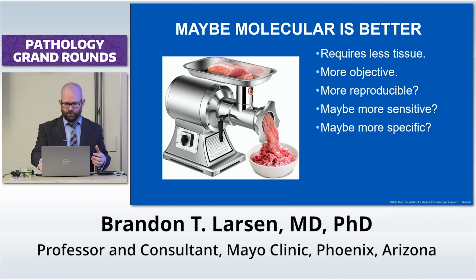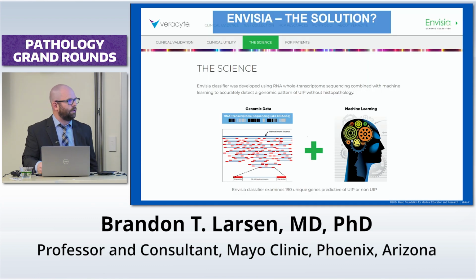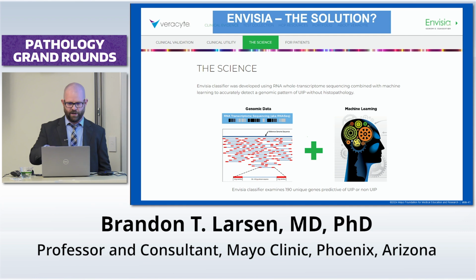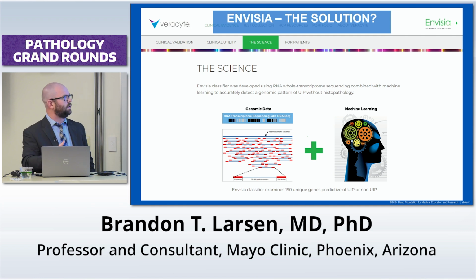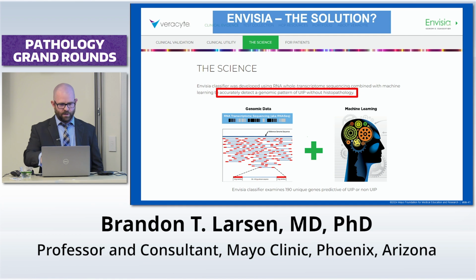As those of you who do lung pathology know, a molecular test has come onto the market in the last few years, and in the spirit of full disclosure, I was part of the validation for this test. It's years ago, so I didn't provide it in my initial disclosure, but I was part of this process for development of this particular test that is now being used quite a bit in clinical practice, which promises to accurately detect a genomic pattern of UIP without histopathology.